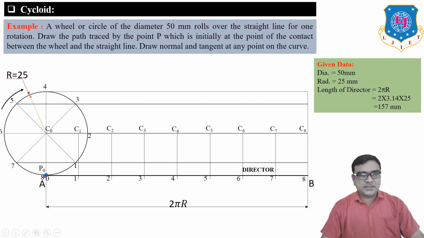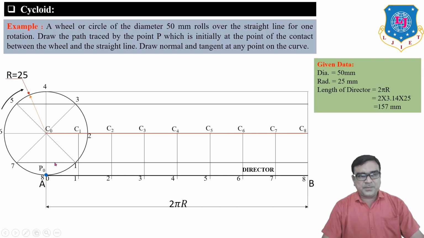Now, actually, in cycloid, we want to find the locus of a point P0, which is a point on the circumference of the circle, and P0 is 25 mm away from the center of the circle. So this is the starting point of the circle. Now when we roll 45 degrees, the center of the circle is C1 and point P goes on this horizontal line which is passing through 1.